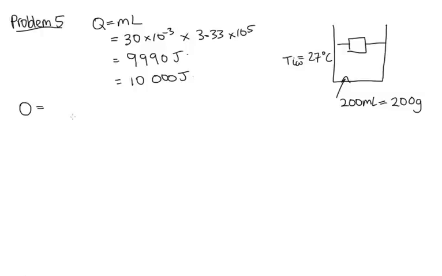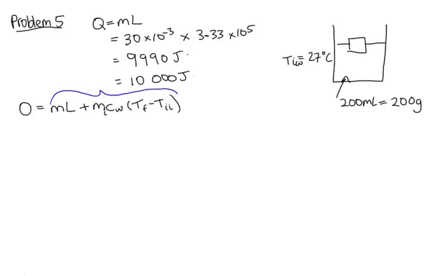And so 0 is equal to the energy given to the ice to melt it. Now once the ice is melted, it's then melted ice at 0 degrees C, and so it needs more energy to raise its temperature up to whatever the final temperature is. So that amount of energy is equal to the final temperature minus the initial temperature of the ice, which will be 0 degrees C.